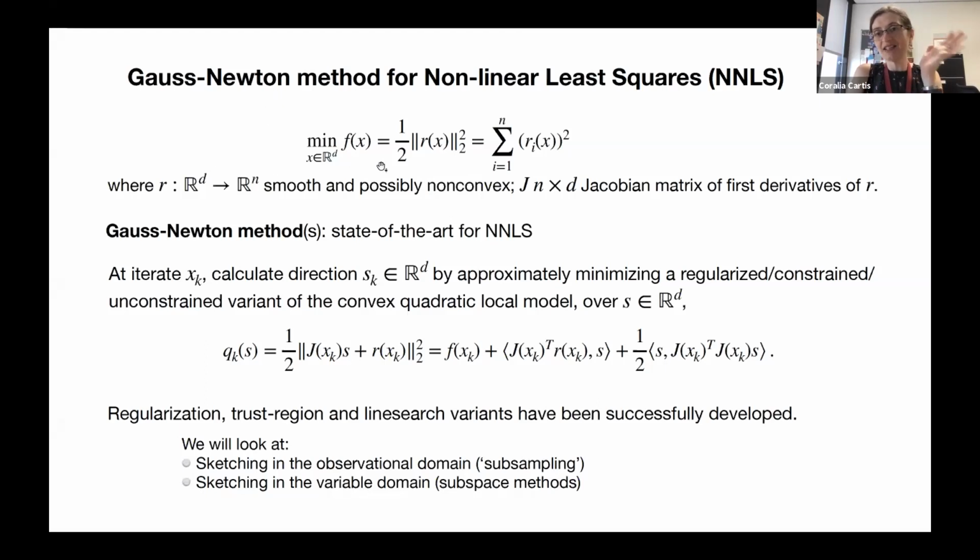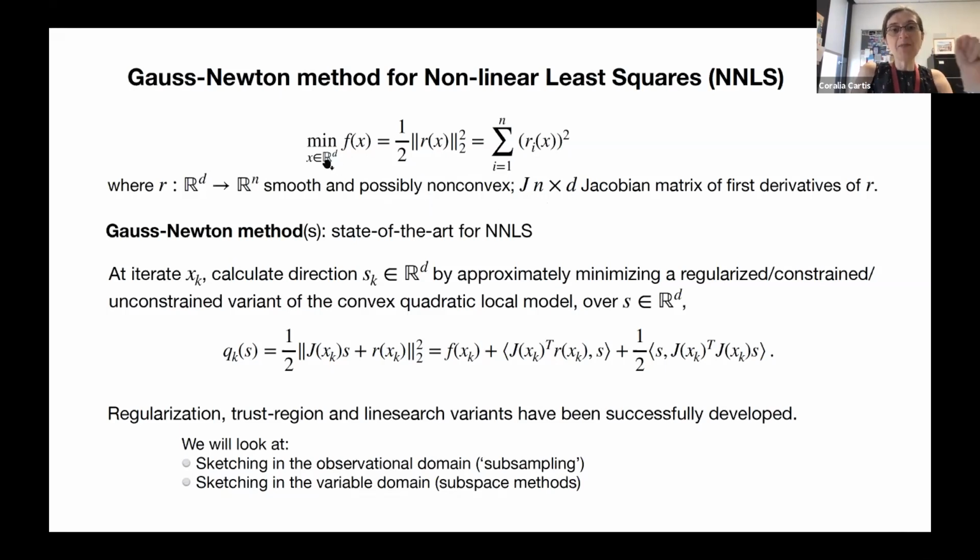We can address underdetermined and overdetermined r, but maybe it's simpler to just think about the overdetermined case. So r goes from Rd to Rn. So we have n terms, n observational terms, and x lies in Rd. And we have J, the n times d Jacobian matrix of first derivatives of Ri.